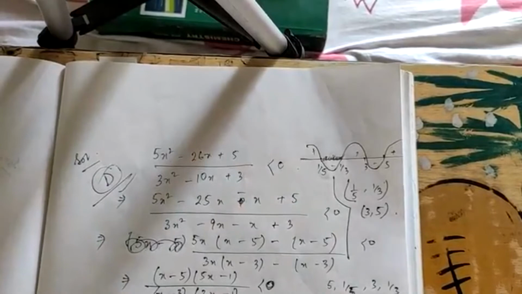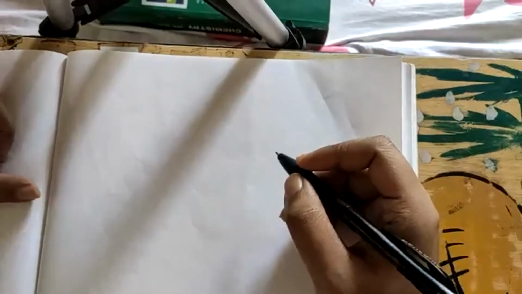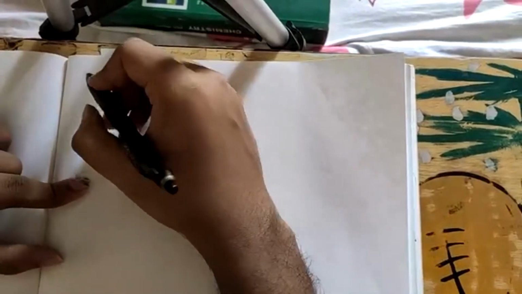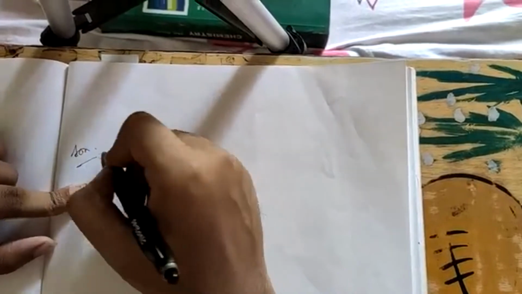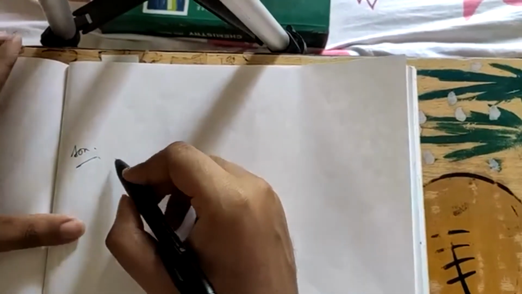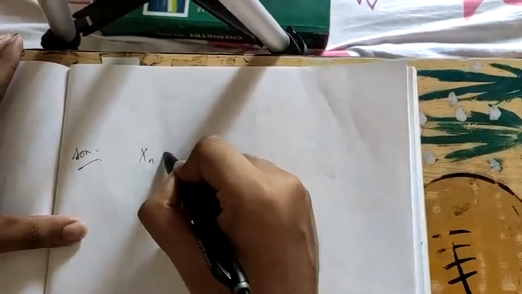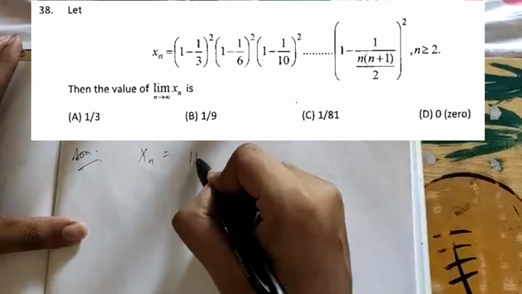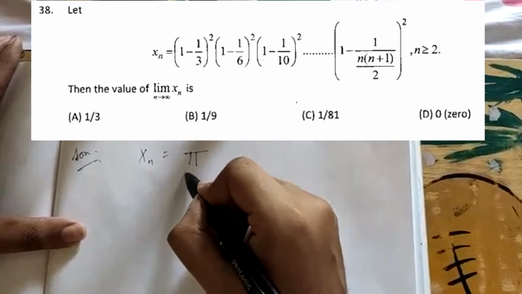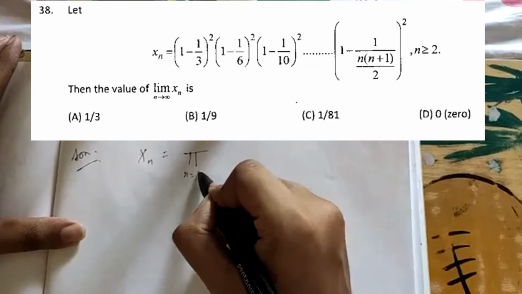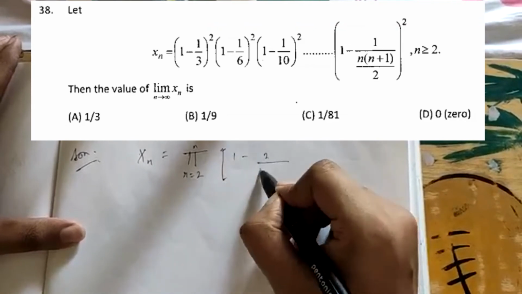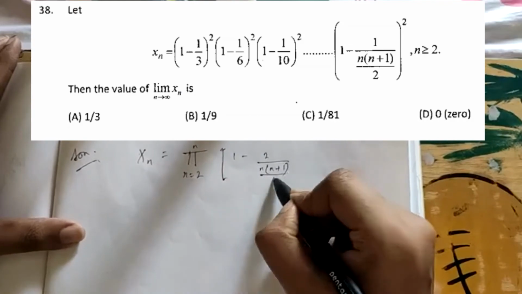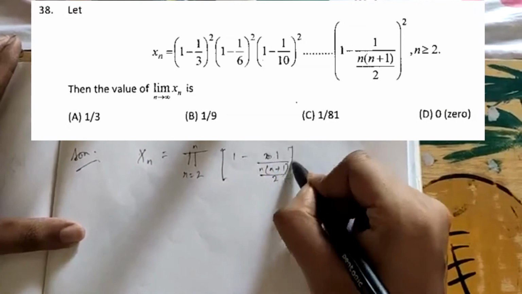Okay, so now let's move on to question number 38. In question number 38, it's telling that x_n is equal to, let me write it as, the product from x equal to 2 to x equal to n of (1 minus 2 by n(n plus 1)) whole square.